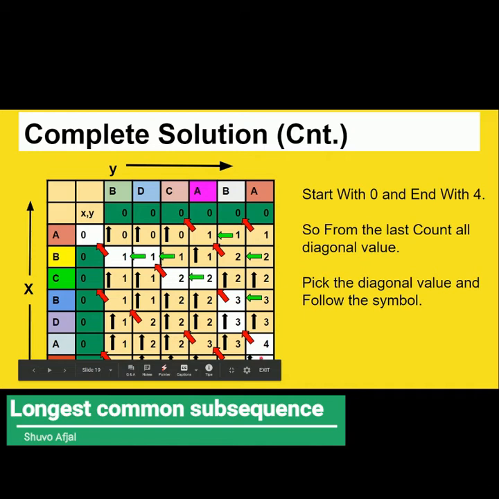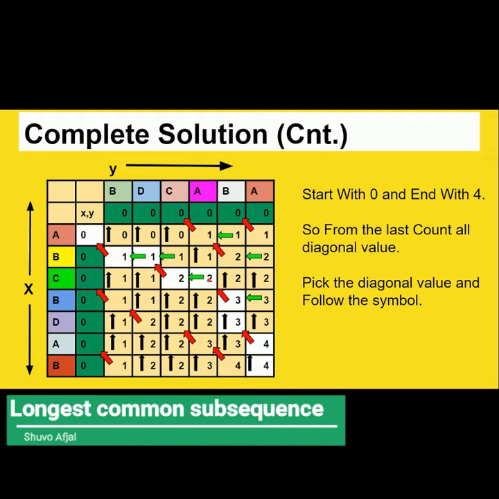First we are at our end here, 4. So 4 comes here from this value. So pick this value, which comes from diagonally, so we pick the 4, and again we go up, because we follow the symbol. Here this value comes from here, and we pick the value 3 because this comes from diagonally, and also going up.